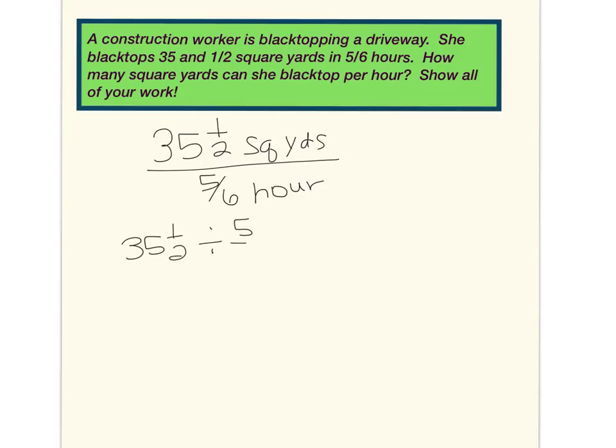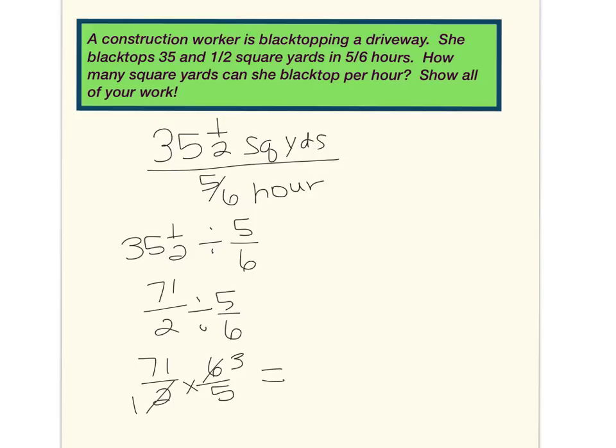divided by 5/6. We're going to convert this to an improper fraction, which would be 71/2 divided by 5/6, which then, of course, turns into multiplying by the reciprocal. We look to cross simplify, and then we're going to multiply straight across.